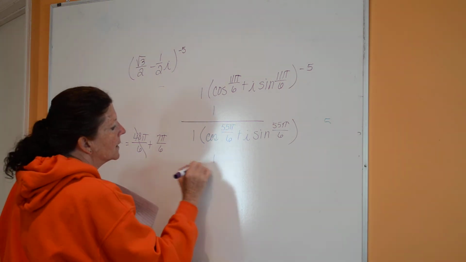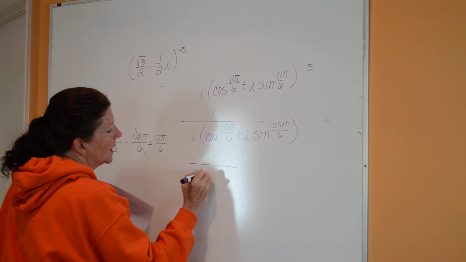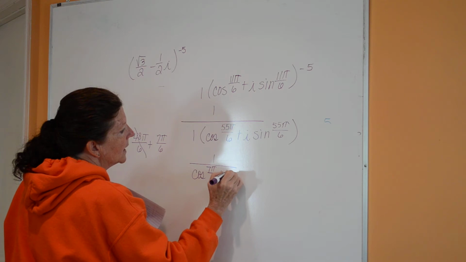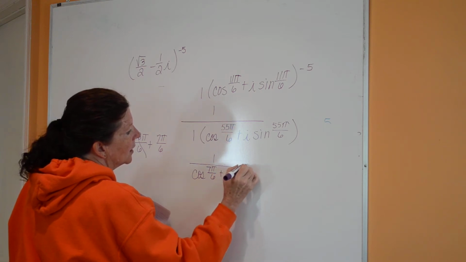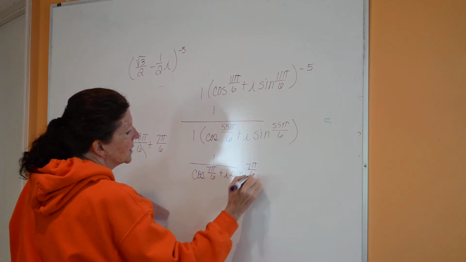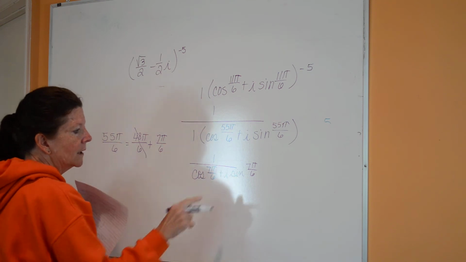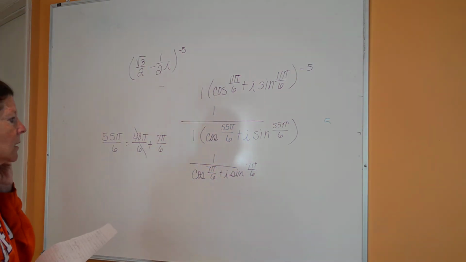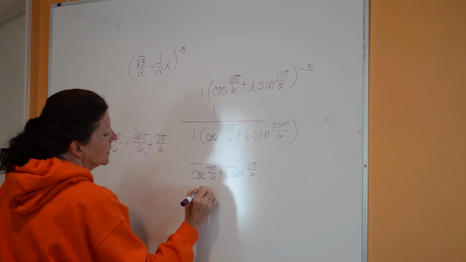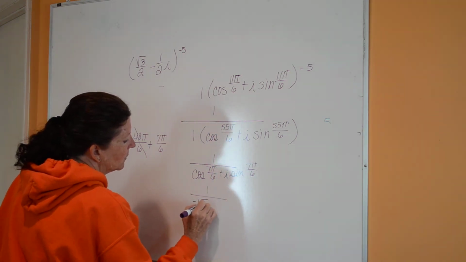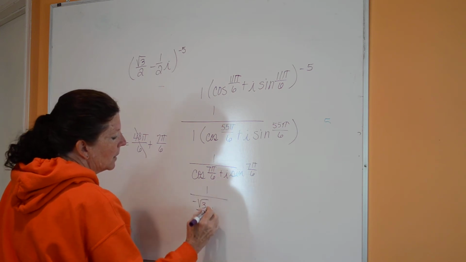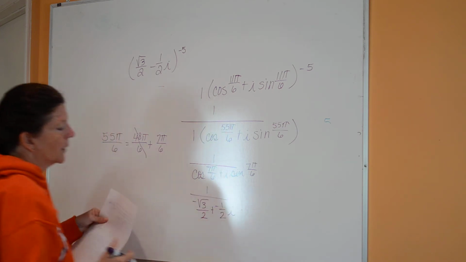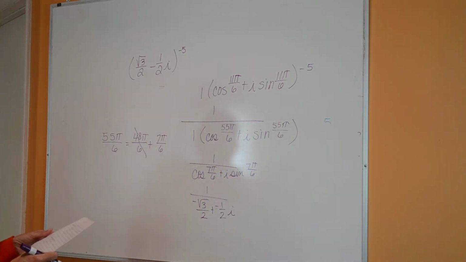So I can rewrite this as the cosine of 7π/6 plus i times the sine of 7π/6. If I'm at 7π/6, I'm in the 3rd quadrant. So my cosine is a negative square root of 3 over 2, and my sine is a negative 1/2, because it's in the 3rd quadrant.